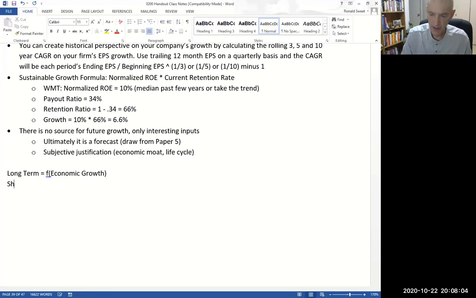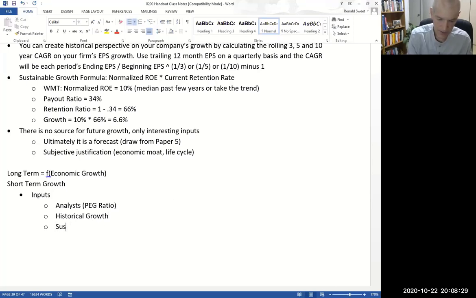And then short-term growth, you have inputs, things like analysts, that's where the PEG ratio works. You can look at historical growth.